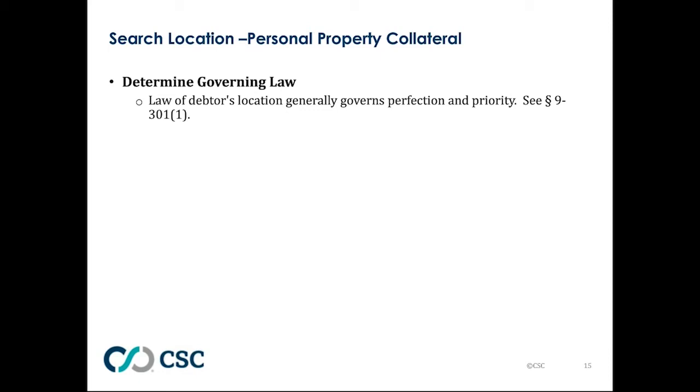At that point, it's necessary to determine the location of the debtor. The location of the debtor is determined under Section 9-307. This has the rules for the different types of debtors as to where they're located. And as I said, it's not always intuitive.